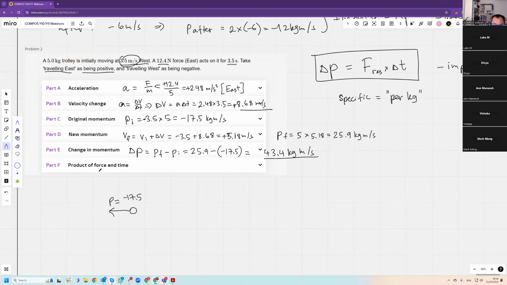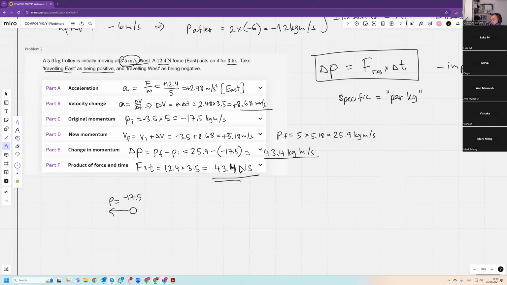What's the product of force and time? Force multiplied by time. So force is 12.4 times time, 3.5. 12.4 times 3.5 is also 43.4. Now it's Newton seconds, because it's newtons times seconds, although it is the same thing.